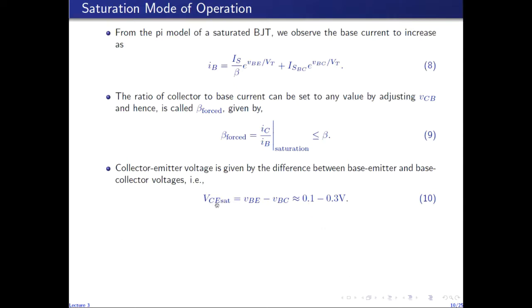And so the collector emitter voltage, while the transistor is operating in the saturation mode, is in this range, about 0.1 to 0.3 volts.